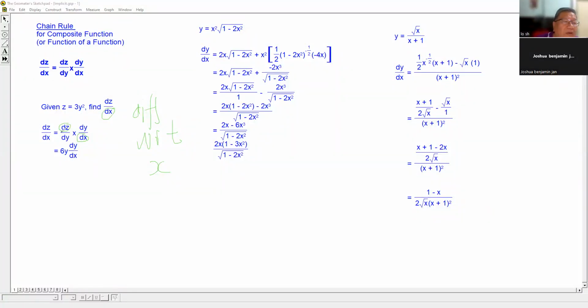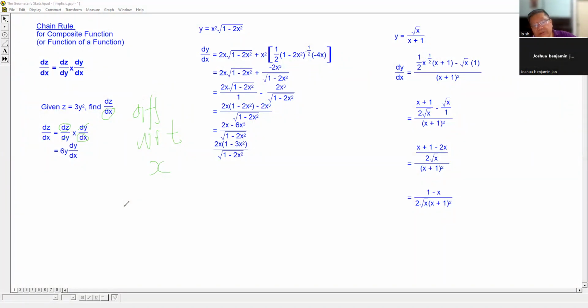What to fill in at the center here? I look at the equation. There is one variable left. After writing z and x, there's one more that I didn't touch. That is the y. So I put here dy and dy. So do you know how to create the chain rule?